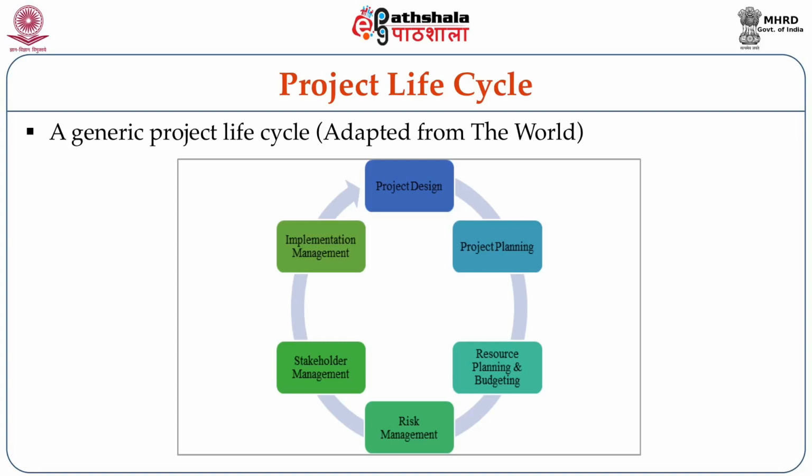You also have to look at what probable risks will come in and how you will manage those risks. Then you develop sustainable management, so that whatever you are implementing becomes sustainable. You are also looking at stakeholder management and implementation management, and that's the cycle you are looking at when you are looking at a project cycle.